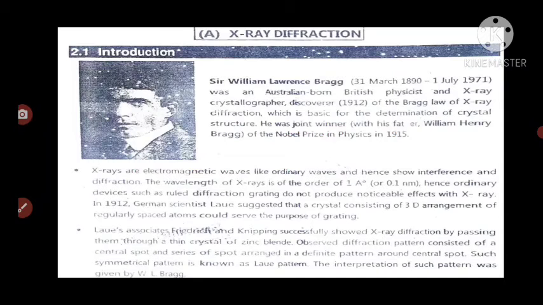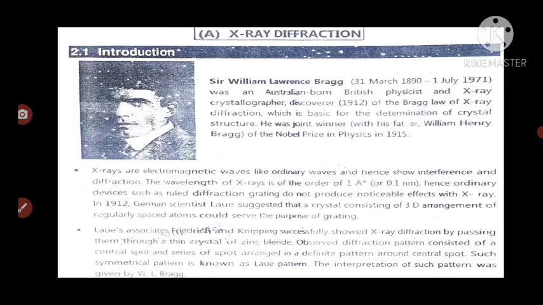He was an Australian-born British physicist and X-ray crystallographer. X-rays were discovered in 1912, and since the ray was unknown to the world, we call it X-ray. Bragg's law, which is X-ray diffraction, is the basic method for determining crystal structure.